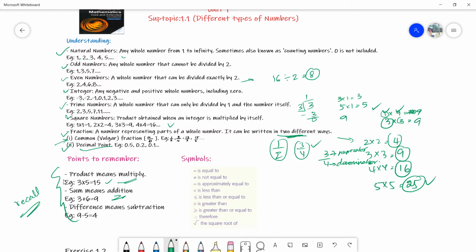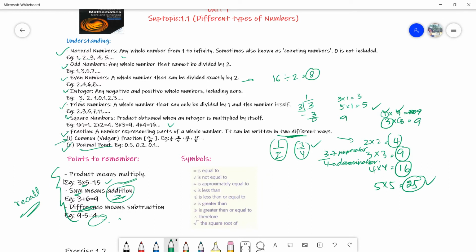So in any question, if it says find the product of 4 times 5, that means it's asking you to multiply those two numbers. If it says sum, that means it's added. And if it says difference, that means you have to perform subtraction in that particular question.